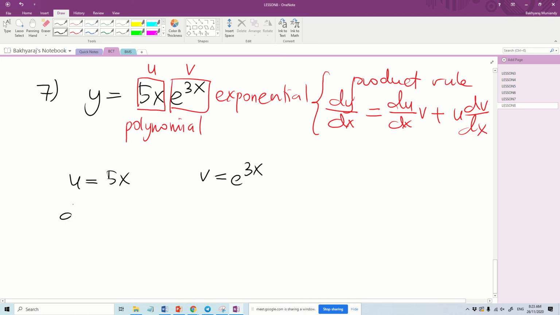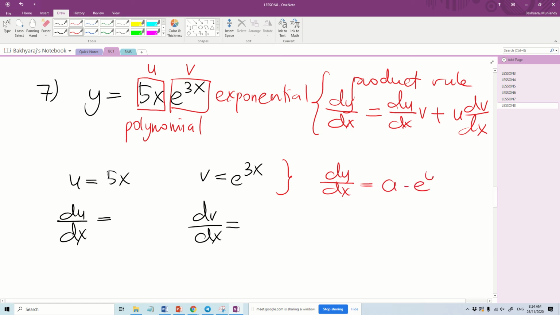So your du dx, you can find the answer already. And what about dv? So ini kena guna exponential rule lah. Exponential rule is what? Okay, ini kena guna exponential rule. So exponential rule, dy dx will be equal a dot e^u dot du dx.